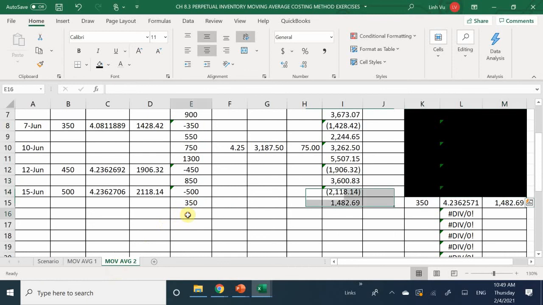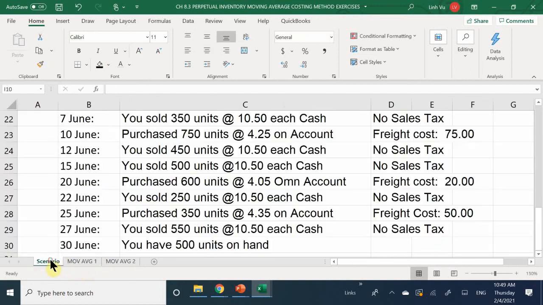So here we're going to go ahead and enter June 20th. We made a purchase of 600 items at 4.05 with a freight of 20. So let me double check that. June 20th, 600, 4.05, and freight costing 20.